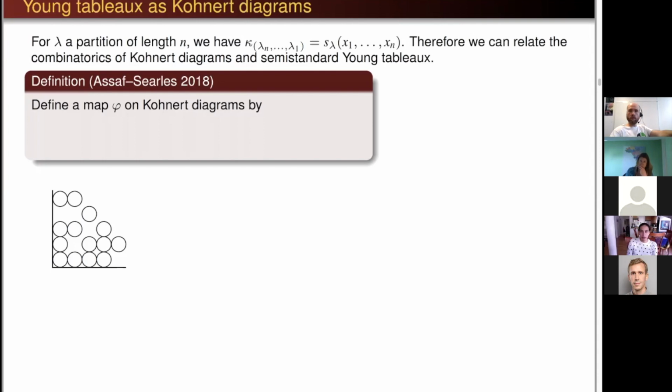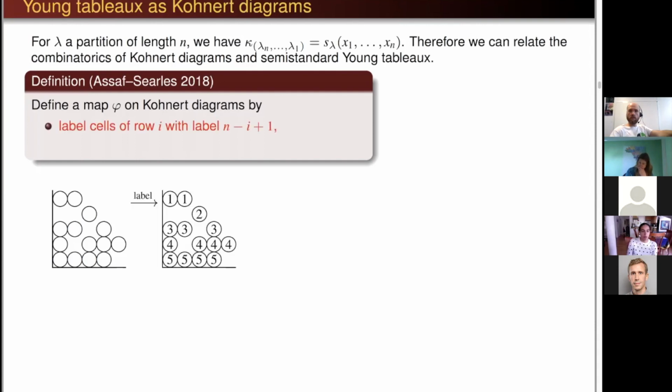So you start with a diagram. Here's a Kohnert diagram on the left. This was the diagram we played with on the first or second slide, for 41504. Label all the bubbles. Now you're doing it sort of reverse of what you might think. From the bottom, you start labeling with n, and then you go up, and the top row gets labeled 1.